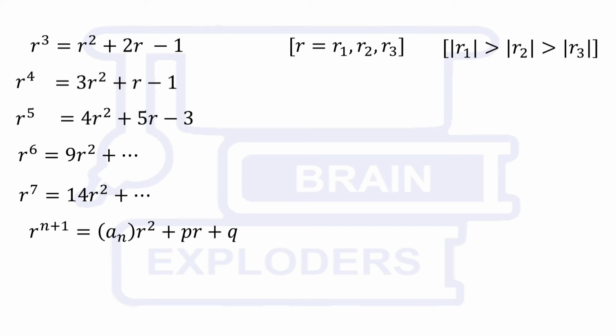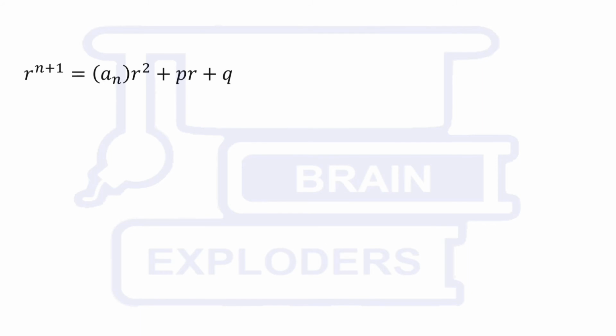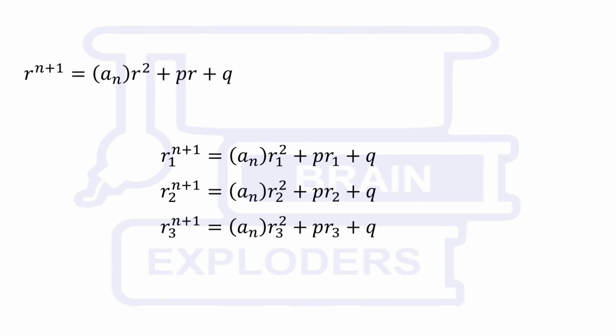This equation is satisfied by three constants r1, r2 and r3, which are the roots of the assumed cubic equation. Value of an, p and q are same in all these equations, and therefore it is just like a set of three linear equations having an, p and q as their variables. We can solve it using Cramer's rule.